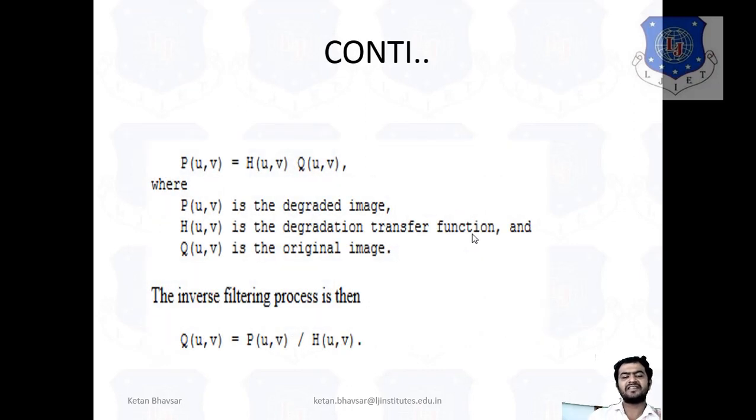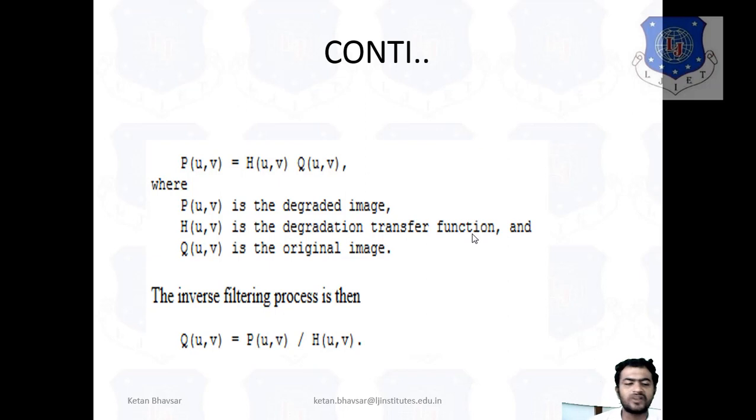Now we identify these terms with the help of a mathematical model in terms of two-dimensional data. Then we have to take care of two-dimensional information in terms of rows and columns. So P(u,v) = H(u,v) Q(u,v): the degraded image, the degradation transfer function, and the original image.